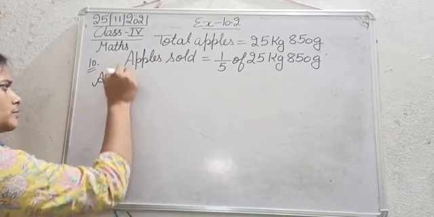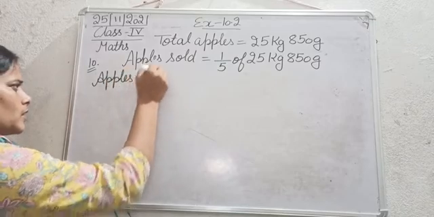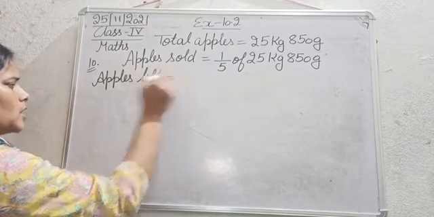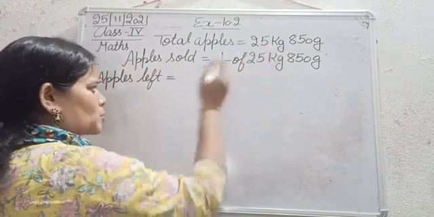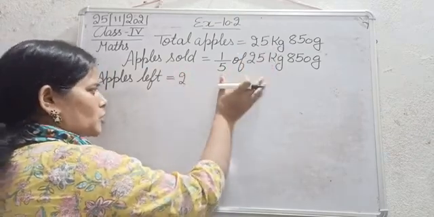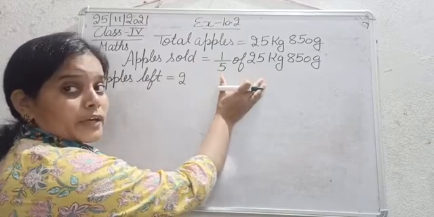Apples left. So for that we need to subtract the quantity of apples sold from the total quantity. So the fraction of apples that are being sold from the total quantity of apples.